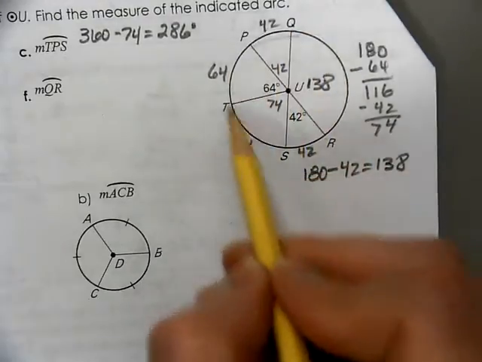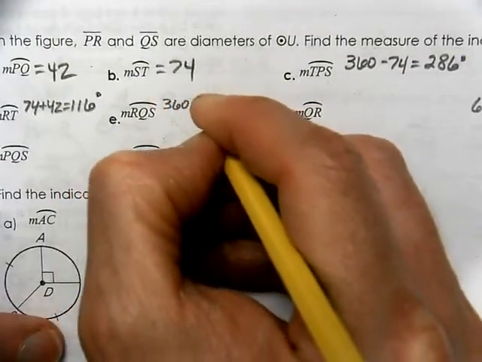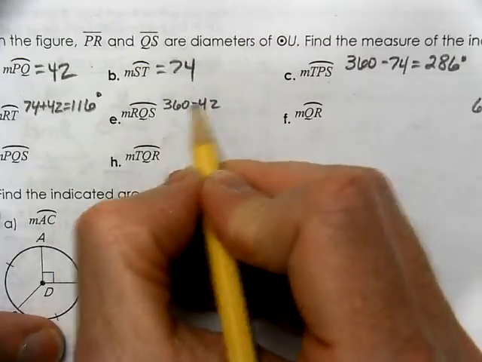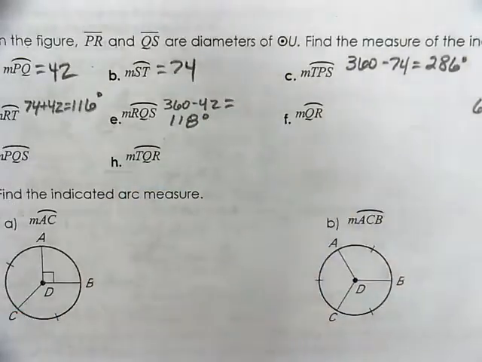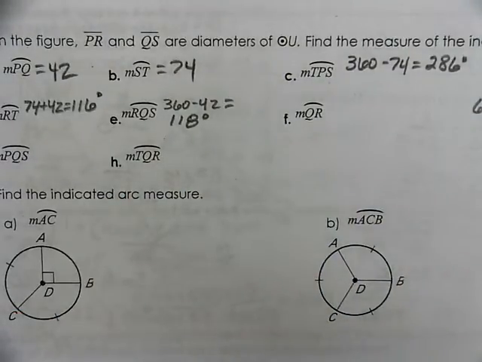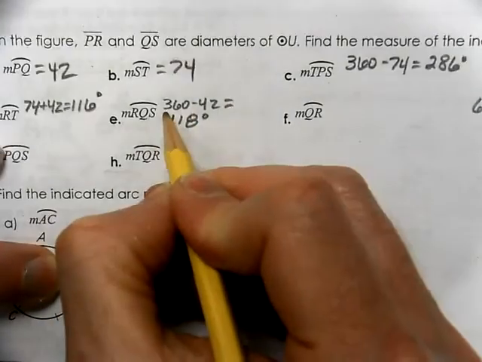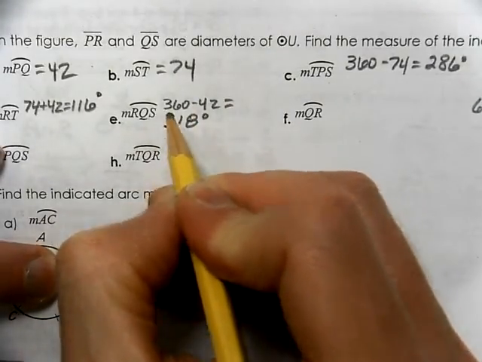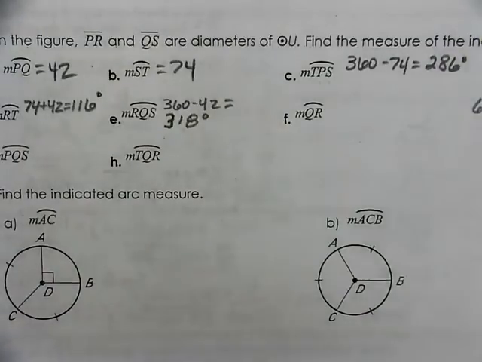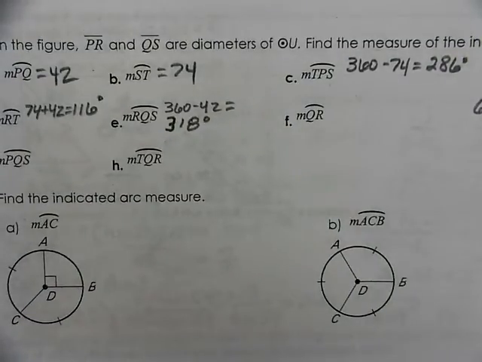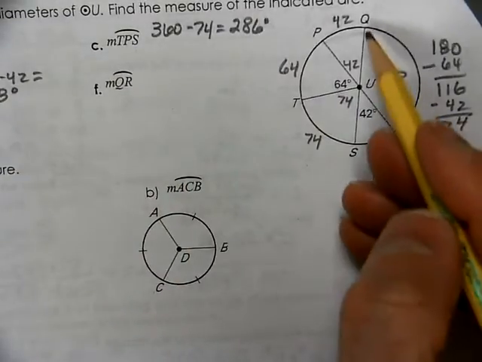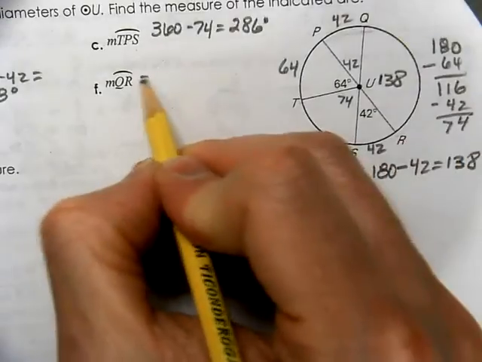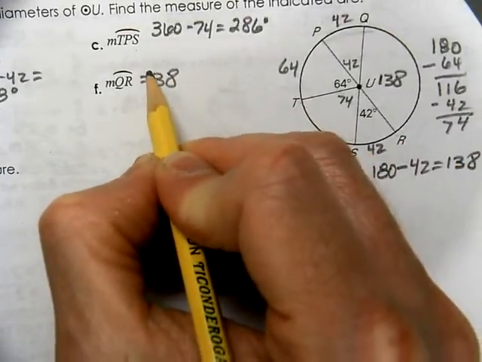RQ to S. Everything but the 42. Which is 318. QR. Q to R, 138.